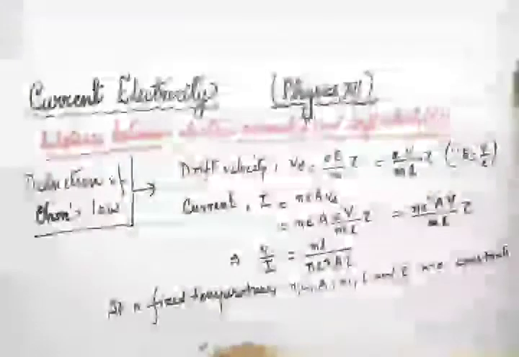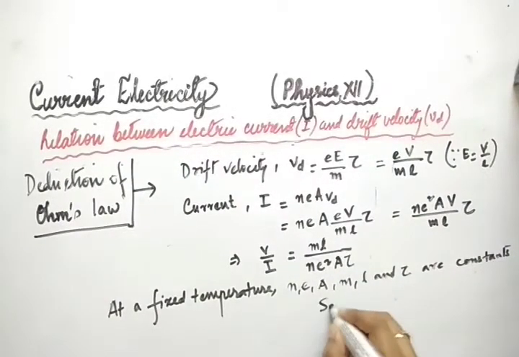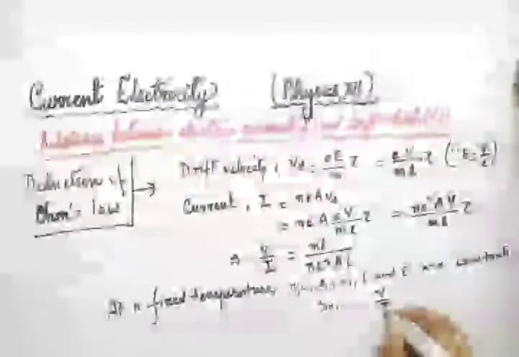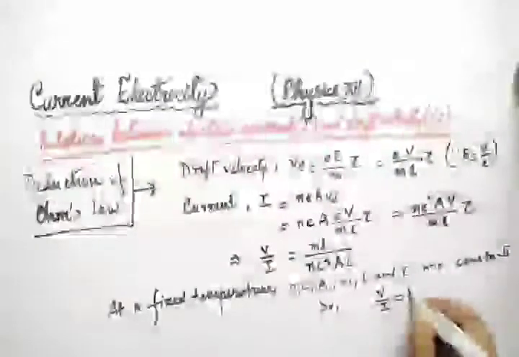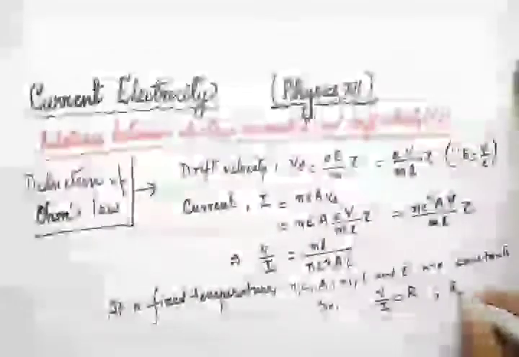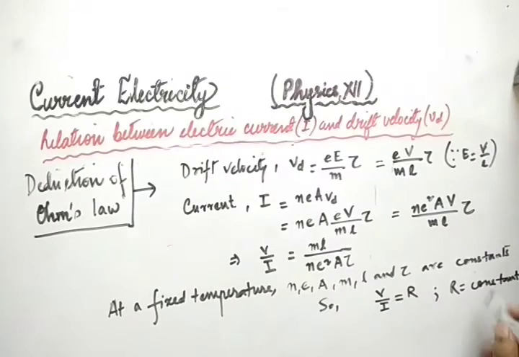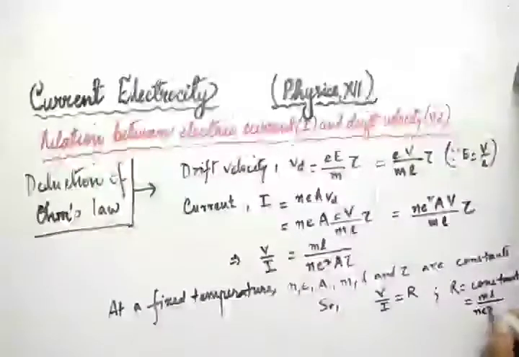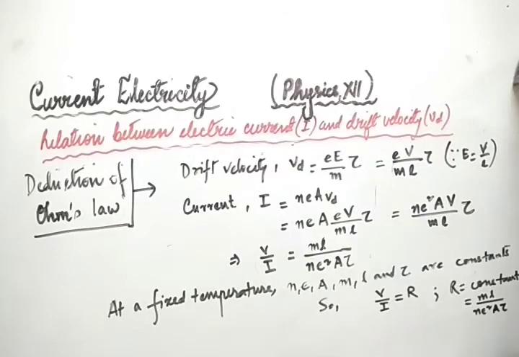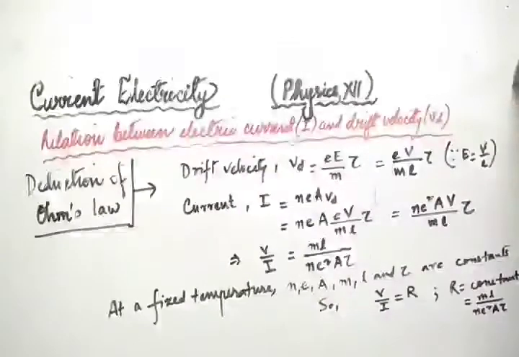So we can write V by I equals R, where R equals a constant equals m L by n e square A tau. So we are replacing all these terms with R, which is a constant.